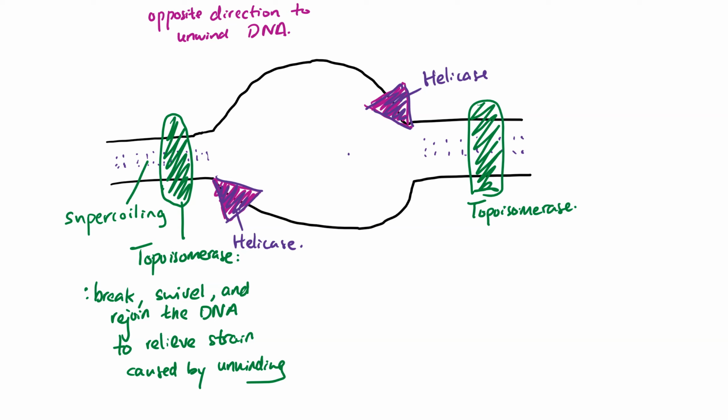So the location at which the helicase opens up, this Y-shaped location here, we call it a replication fork. A replication fork is basically the Y-shaped region where the DNA opens up.